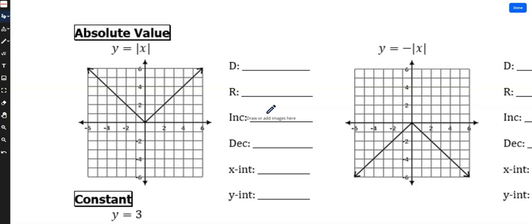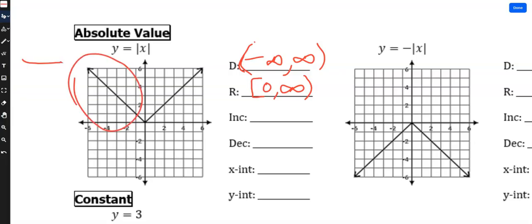Okay, if you push that whole graph down on the x-axis, negative infinity to infinity. Range, push it all on the y-axis, starts out at 0 and goes up, up, up. See, this side of the graph as you move from left to right is decreasing.